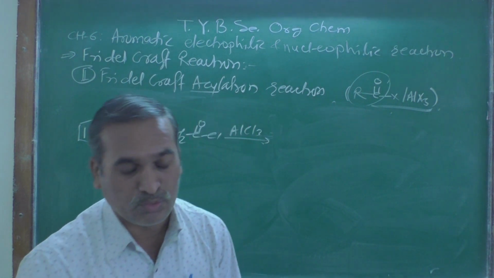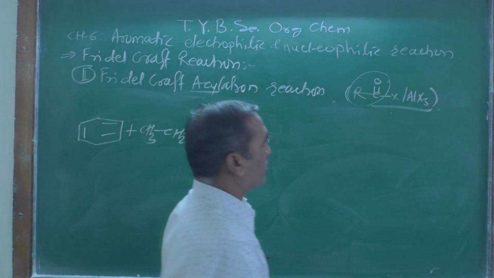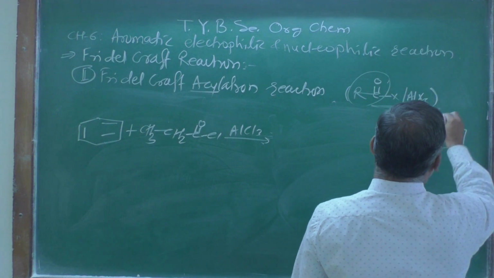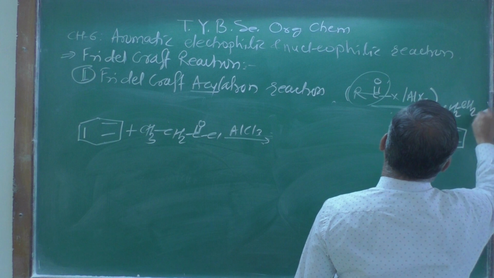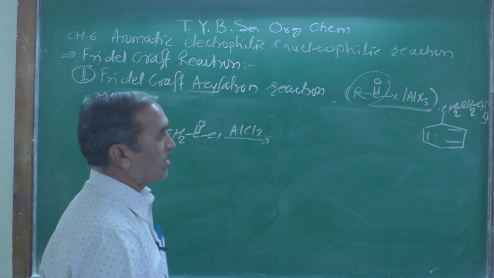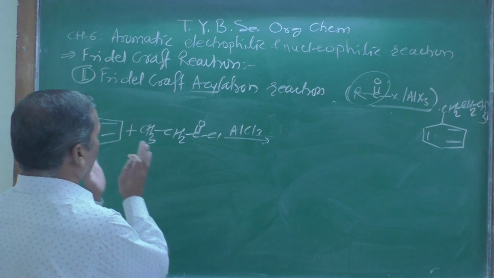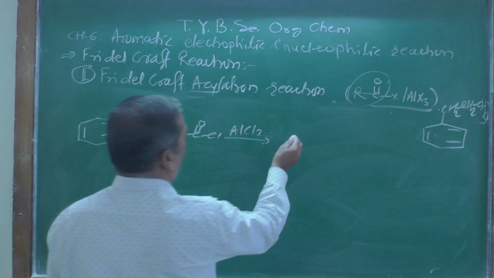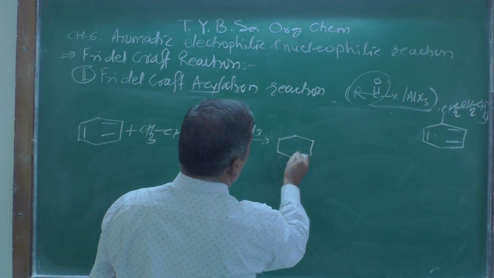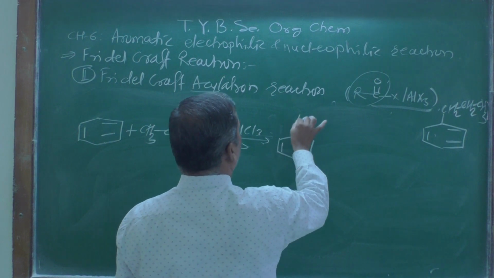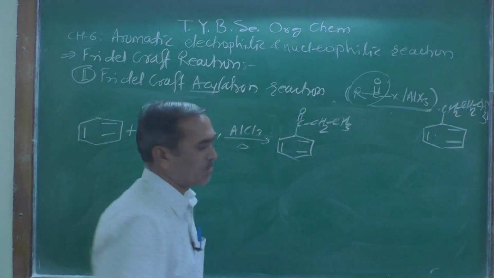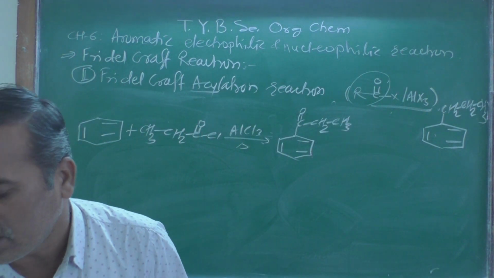Because we want to prepare the target molecule like this one, CH2 and CH3. This is propyl benzene we are going to prepare, but first we get this one, and when heated it gives this product, because the possibility here is only C double bond O CH2 and CH3. This type of compound we are going to get in this case.